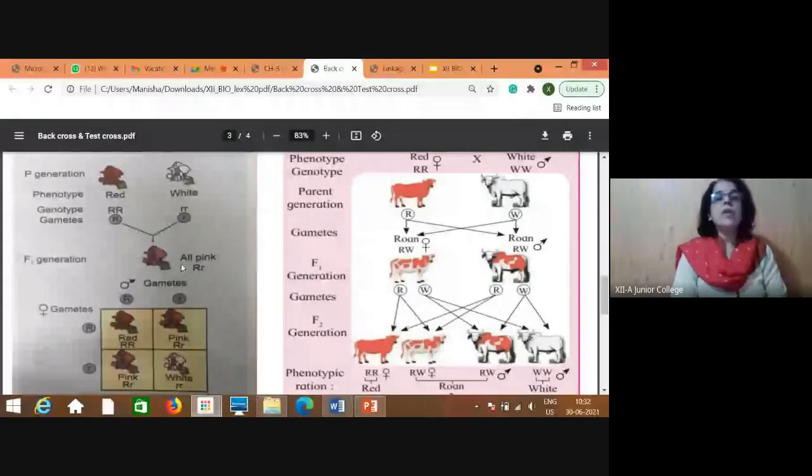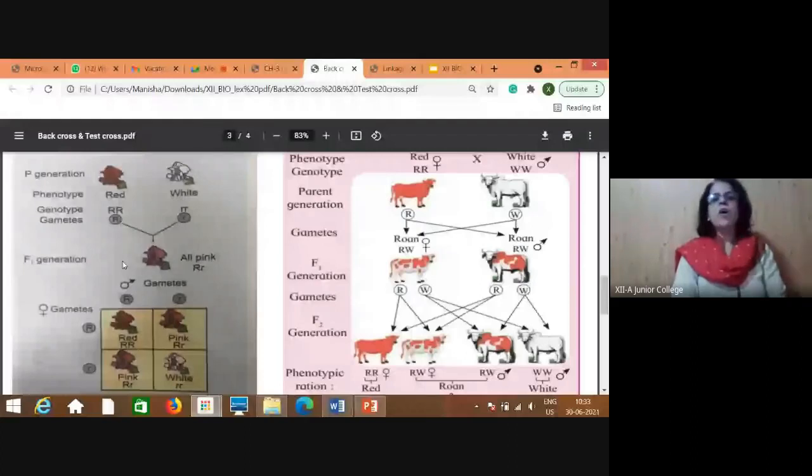That means neither red nor white, but a combination of these two characters, pink. So the F1 progeny is not showing complete dominance of either red or white, but red and white are incompletely expressed in the F1 generation, which gives the pink color, and that is called incomplete dominance.